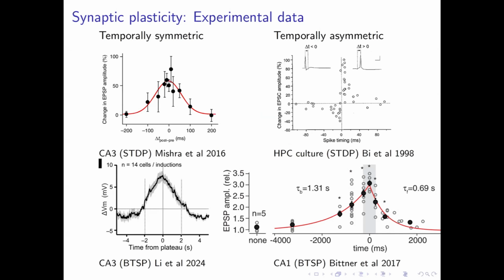And a lot of attention has been devoted to how the temporal difference between pre- and postsynaptic activity can change synaptic strength. And something that's not very widely appreciated is that there is a large heterogeneity in how this timing difference affects plasticity.